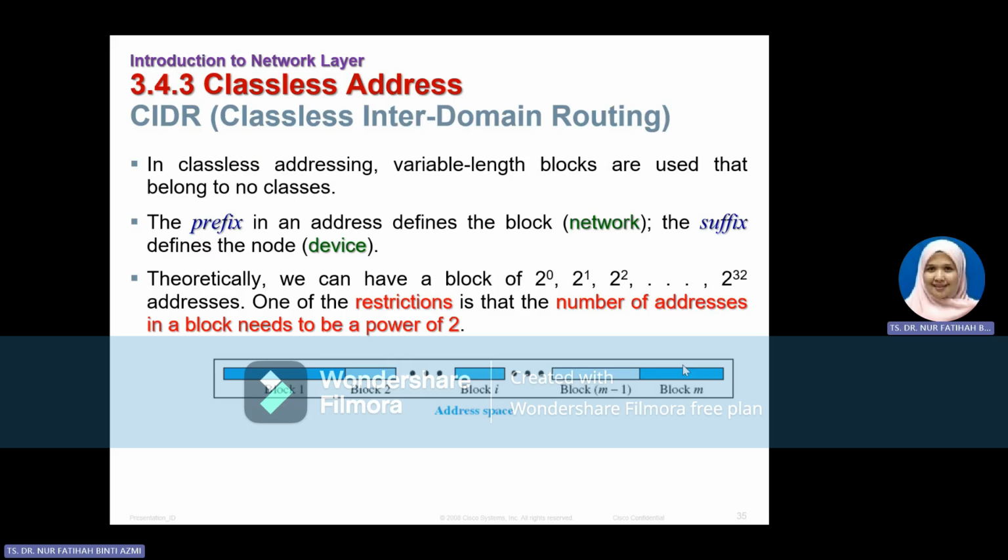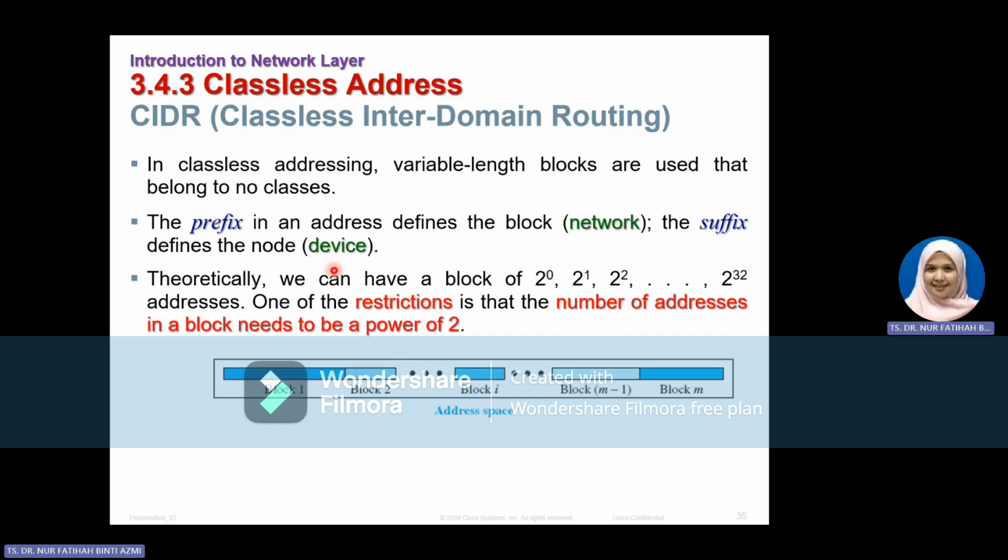Unlike the classful address in the previous slide, we know that in the previous system the address was divided into blocks, like class A, B, and C. The classless address lets us divide the IP into variable-length blocks based on the demand or the actual needed IPs.